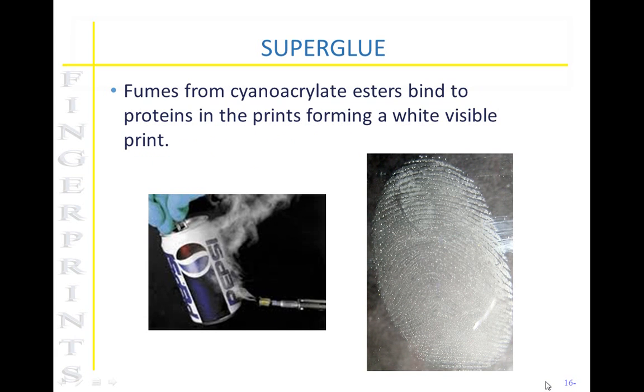In a lot of instances, superglue is now used to develop latent prints, and this must once again be done in a closed container or with a fuming wand. The fumes of the superglue are going to bind with the proteins in the prints, which form a white visible print.